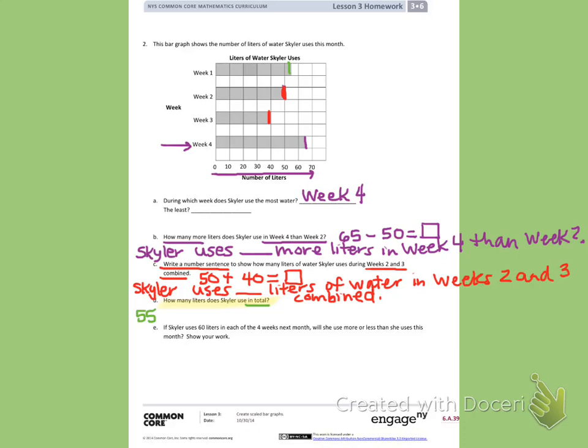And week 2 we already figured out was 50. Week 3 we already figured out was 40. And week 4 we already figured out was 65. If we want to know the total amount used in all of those weeks, we need to join them together or add them.